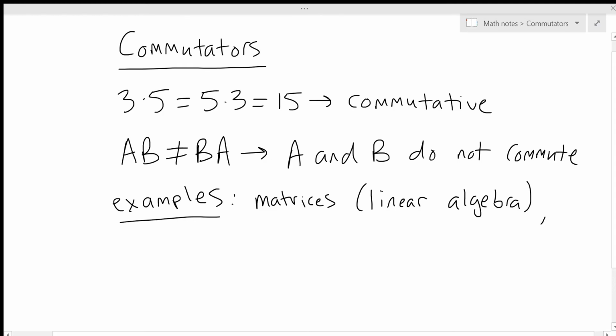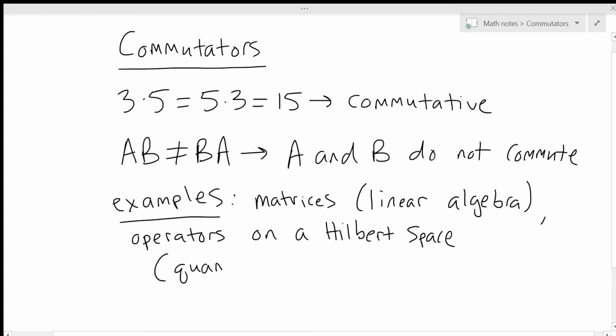A more complicated example is where A and B are operators on a Hilbert space. And this example you find in quantum mechanics. And there are actually many other examples.